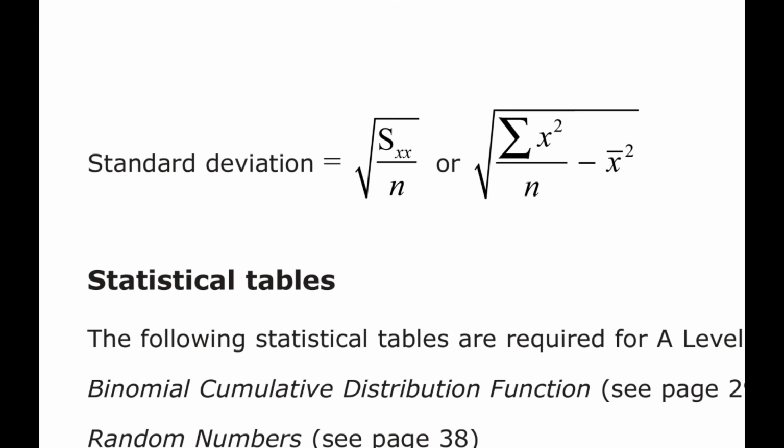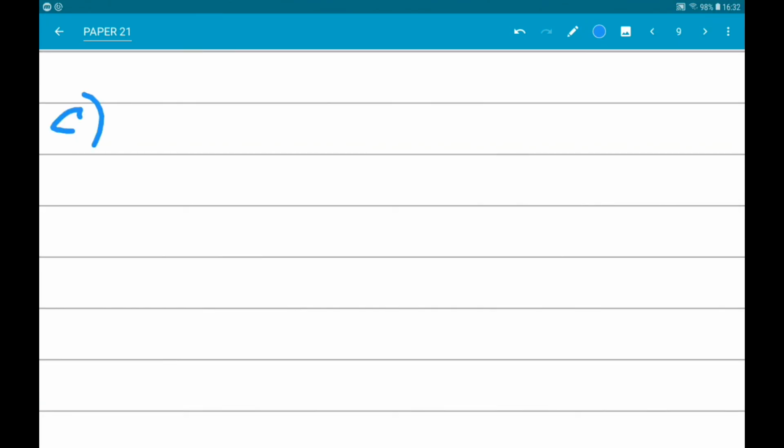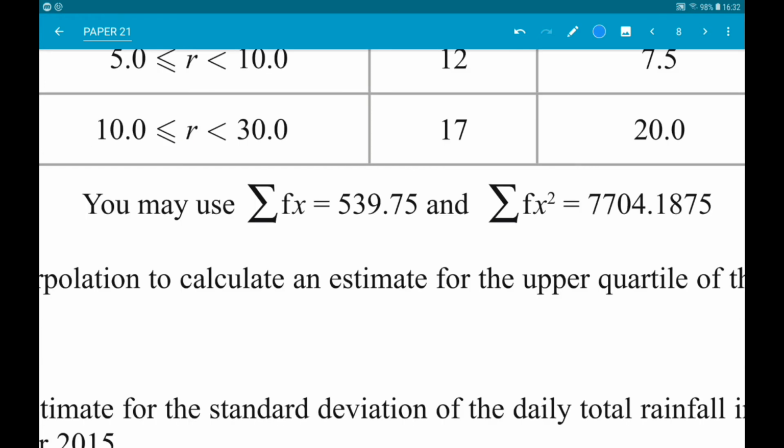So, for us, sigma is the square root of 7,704.1875 over 184.